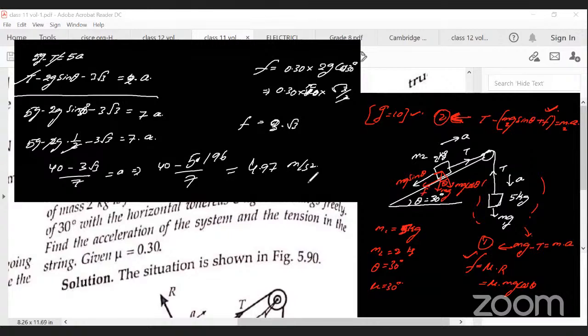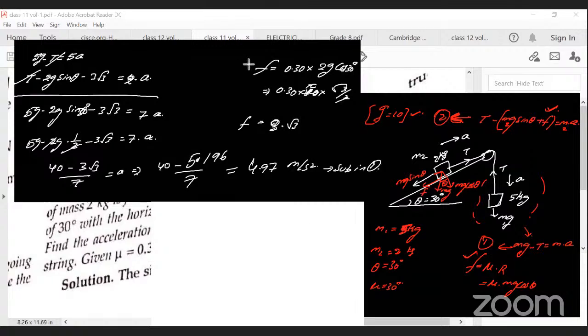I need to find the tension. So what I'll do, I'm going to substitute in the first equation. The relation will be 5g minus T is equal to 5 into 4.97.